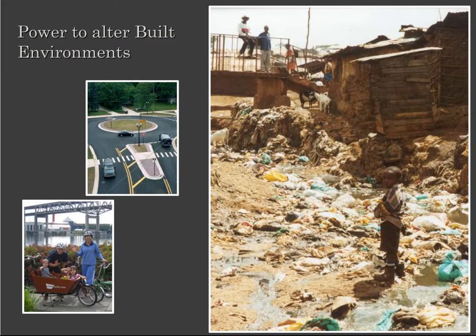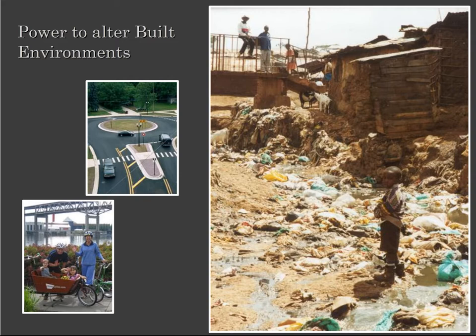Note too that we might use one power to help alter another elsewhere. On the right is a photo from my work in Kibera, a slum in Nairobi, Kenya. Here a little boy is showing me his playground, or the area where he plays. And note that anyone seeing this picture would see that he's basically in a trash bin or a dump, if you will. But this is where he could play.